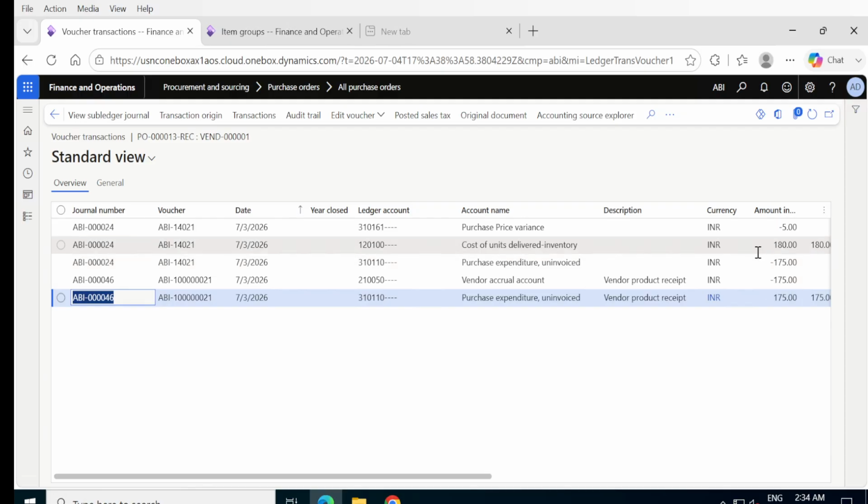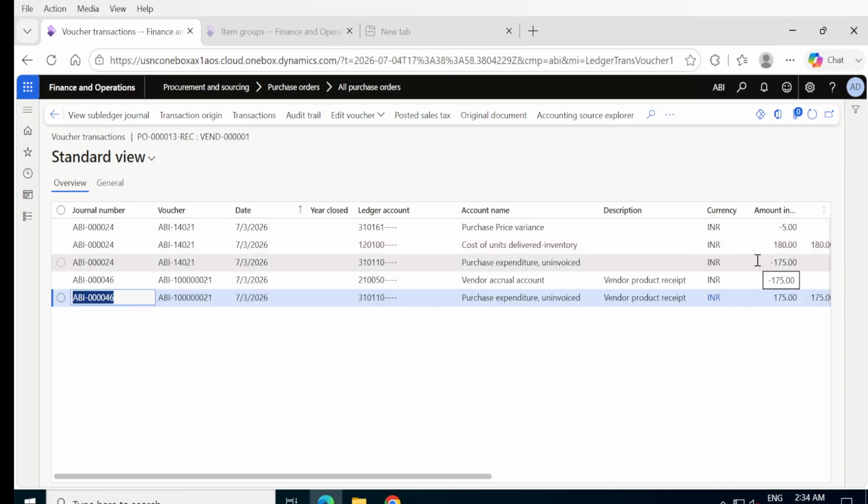So there is a difference. Your standard cost for the item which you are buying is 180, so I'm going to book my cost of inventory as 180, but you are buying it for 175. There's a difference of $5. So how do I fill in the gap? I fill in the gap of $5 by introducing a new account called purchase price variance. So this is how these three accounts got created.